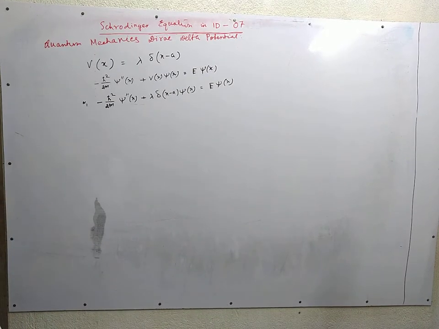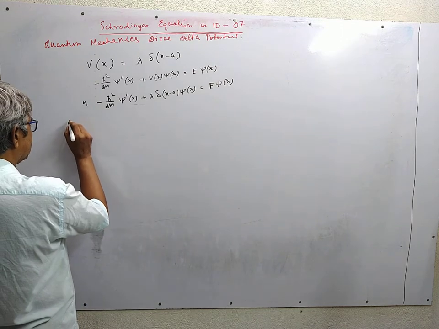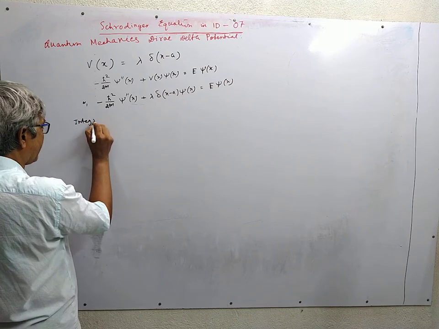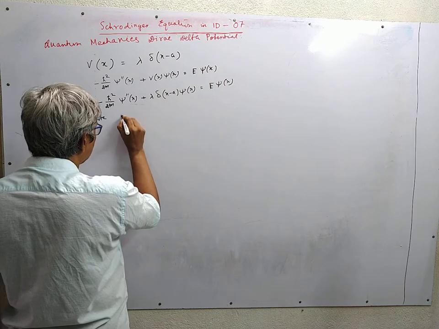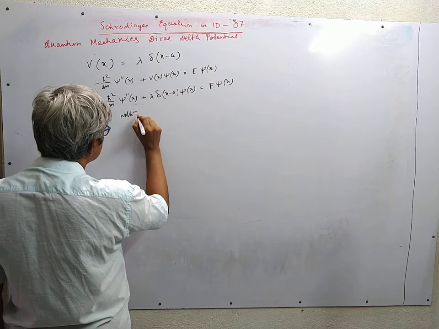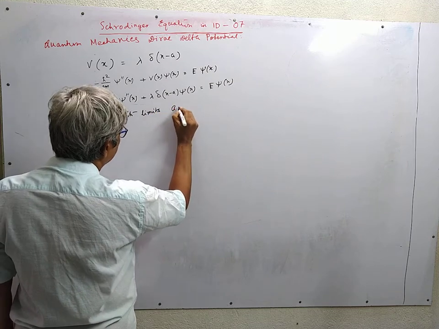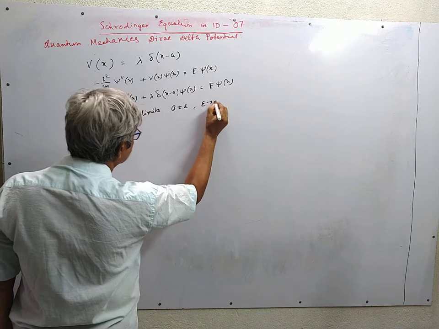We integrate this equation once with respect to x, within limits a plus minus epsilon, with epsilon tends to 0.